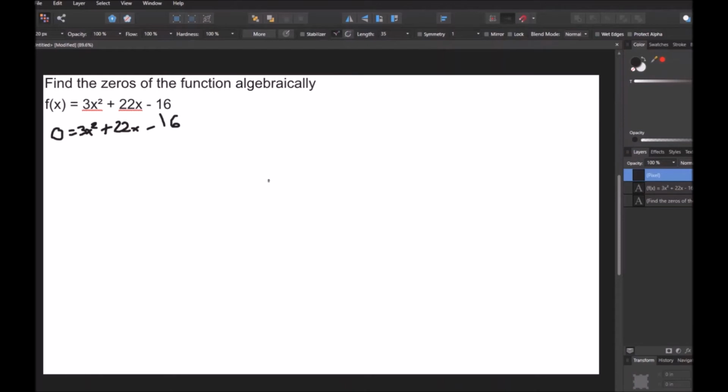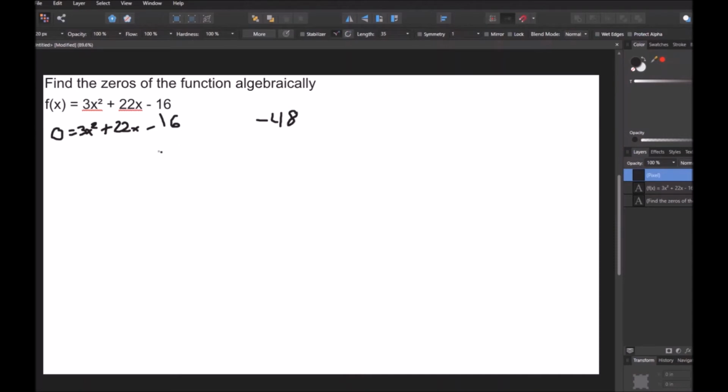And now we have another quadratic equation here. But instead of using the quadratic formula, because that can be time consuming or you might not remember all the negative b plus or minus the square root of all that, I'm going to show you a way that might be easier for you. It's called factoring by grouping. Basically, you're going to multiply this first number by the last number. So you have 3 times negative 16 is negative 48.